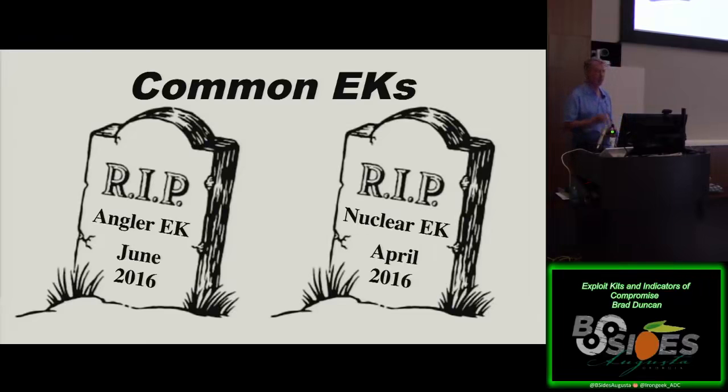It was by far the most common one that I personally saw when I was generating exploit kit traffic. But Angler exploit kit disappeared about the time the criminal gang for the Lurk Trojan, banking Trojan, was arrested by Russian authorities back in June.